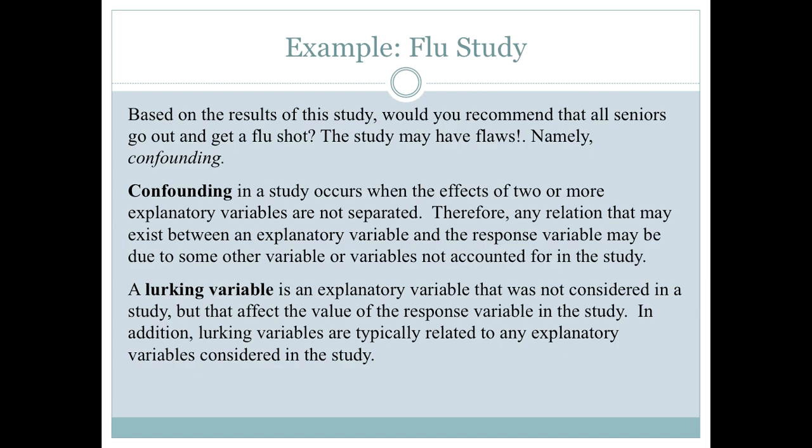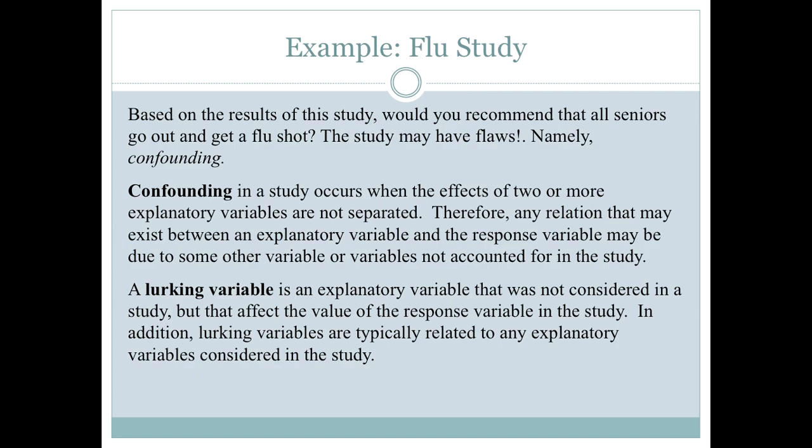Now, a lurking variable is some explanatory variable that was not considered in a study, but that affects the value of the response variable. Lurking variables are typically related to any of the explanatory variables considered in the study. So for example, it could be the senior's particular age, or marital status, or whether or not they've gotten a flu vaccine in the past, if they eat well, if they're overweight, that kind of thing.